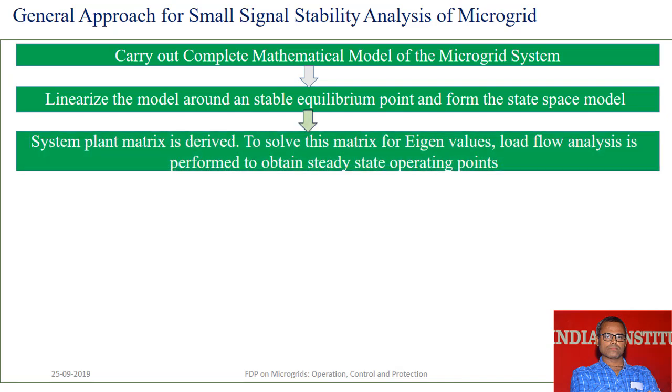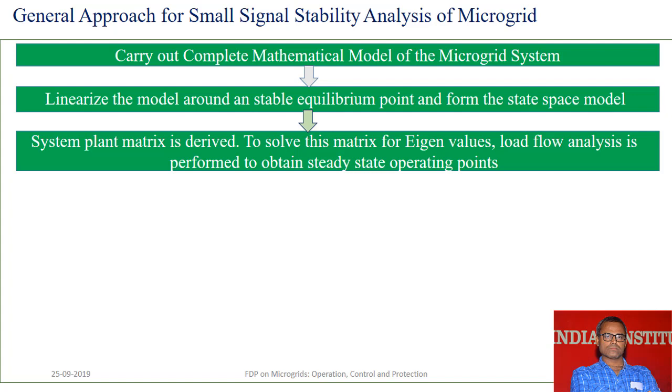The next step is the system plant matrix is derived from the state space model, right? From that you can very easily observe the system. We solve this matrix for eigenvalues, so from the plant matrix we can find the eigenvalues.